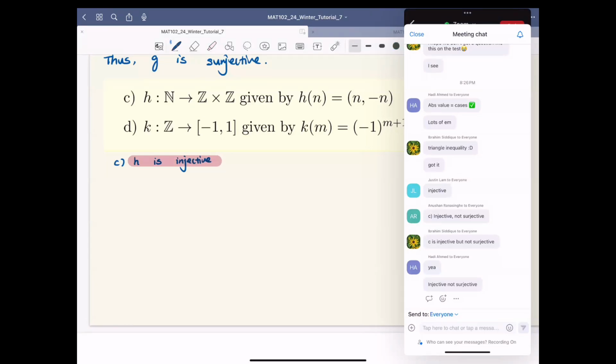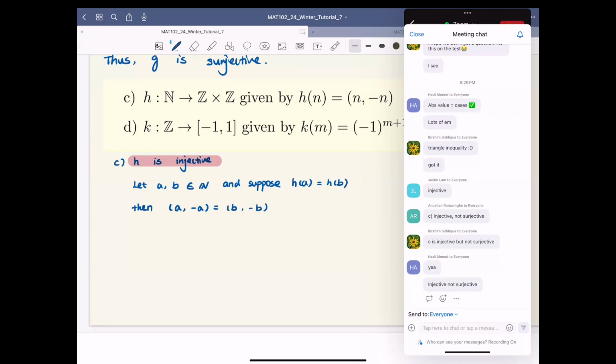It's injective, and the proof should be very simple. So let's say let a, b be natural numbers, and suppose h(a) equals h(b). Then, using the definition of the function, I have (a, -a) equals (b, -b).